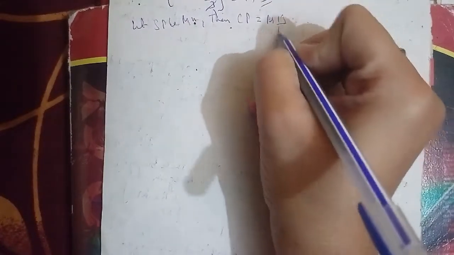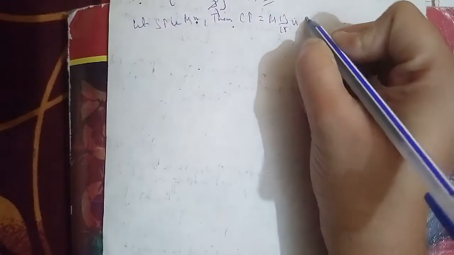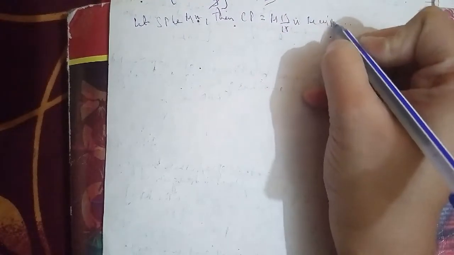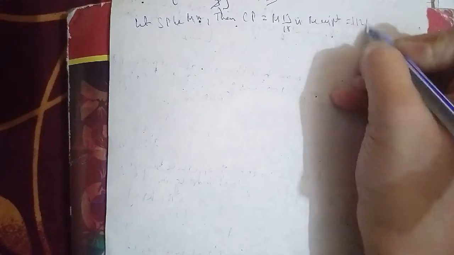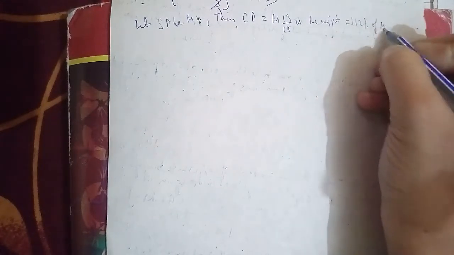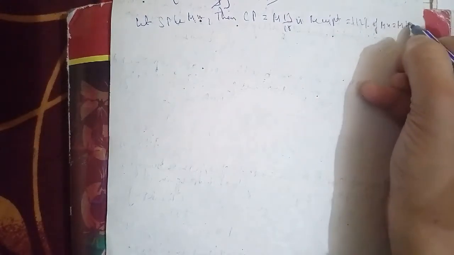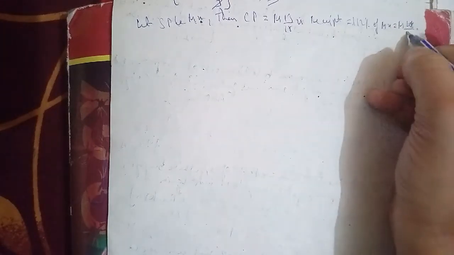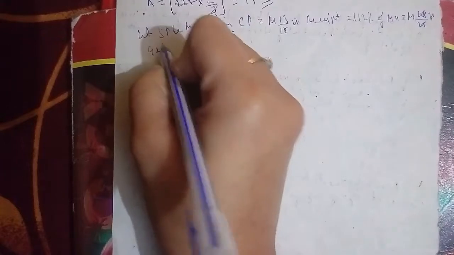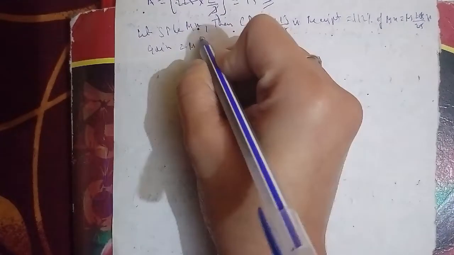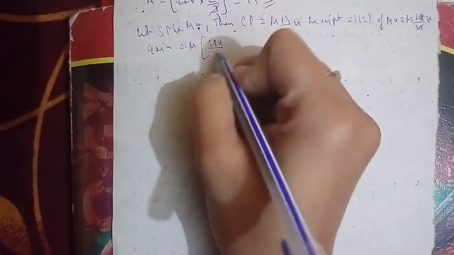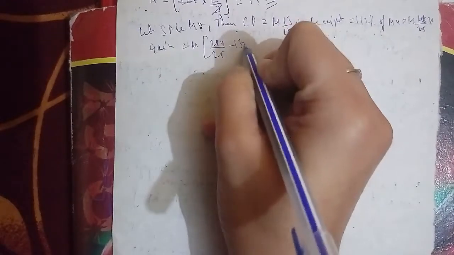And so gain percent equals 19x upon 75 into 15 upon 13x into 100%. This x is cancelled by this x. 5 3s are 15, 5 1s are 5, and 5 5s are 25, 3 1s are 3, 3 5s are 15.